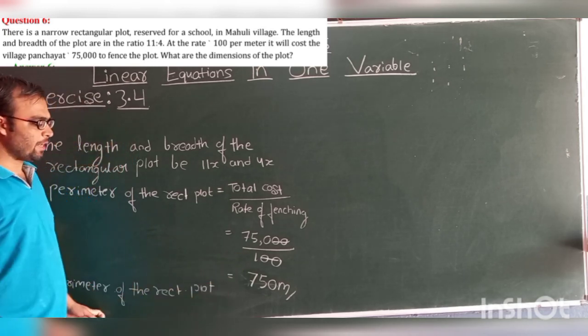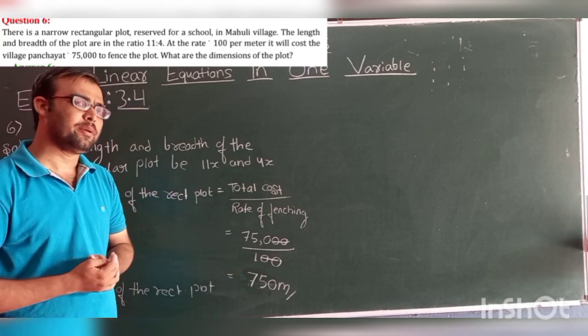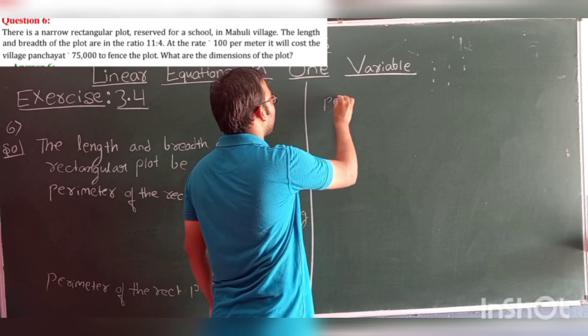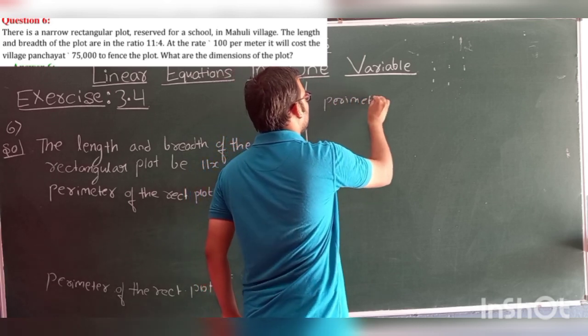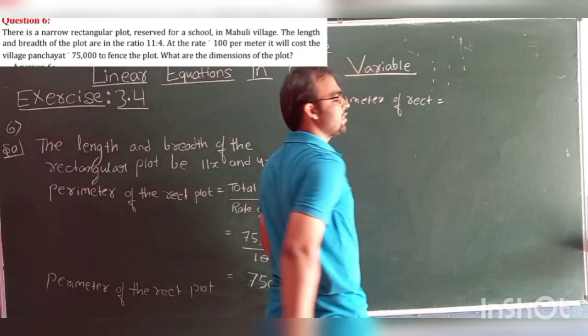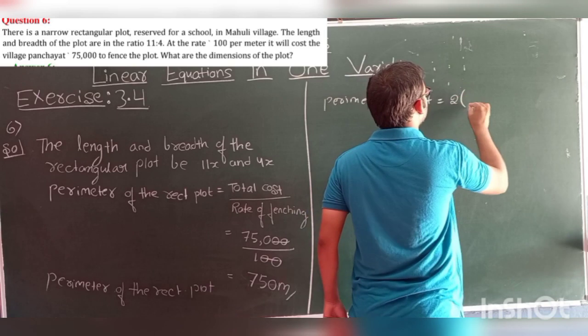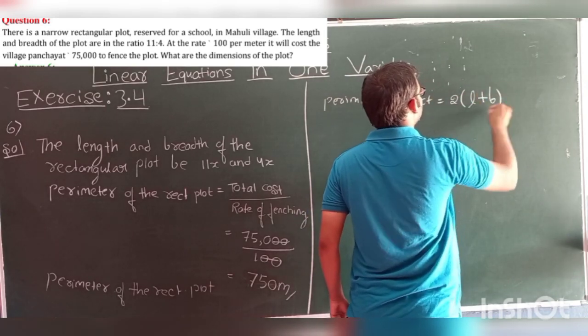This is the perimeter of the rectangular plot. That is, the perimeter of the rectangular plot is how much? 750 meter. Now, students, what is the formula for the perimeter of a rectangle? 2 into length plus breadth.